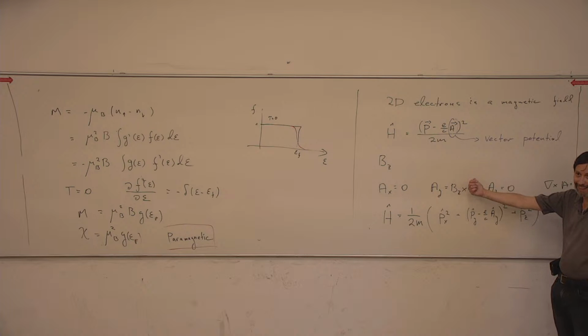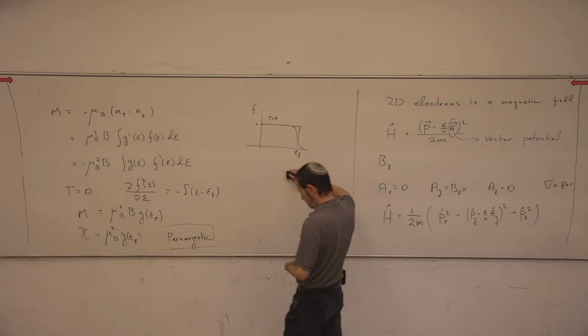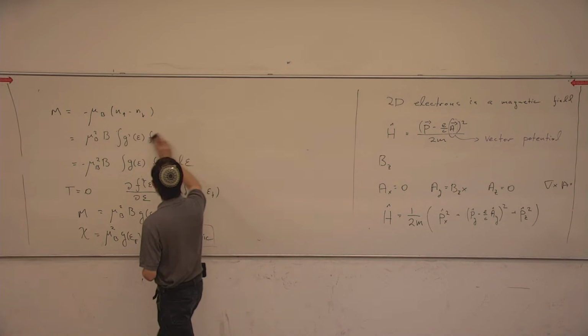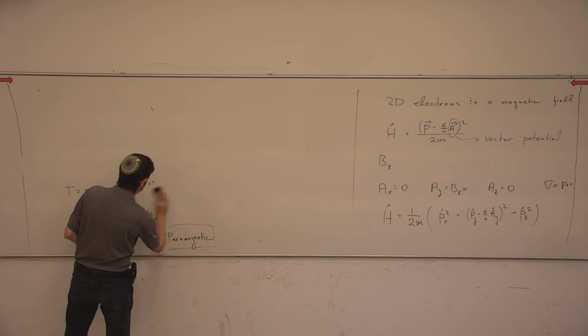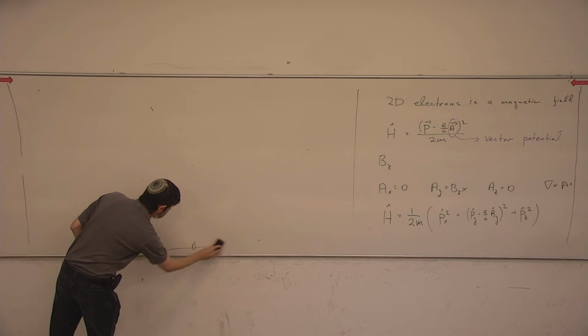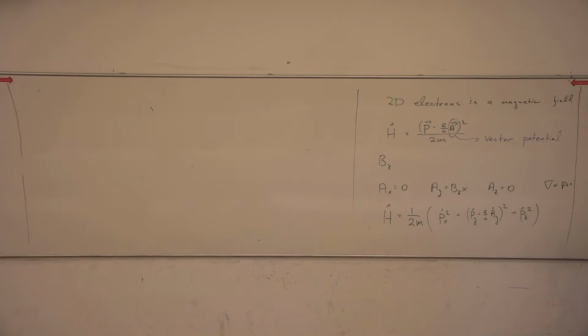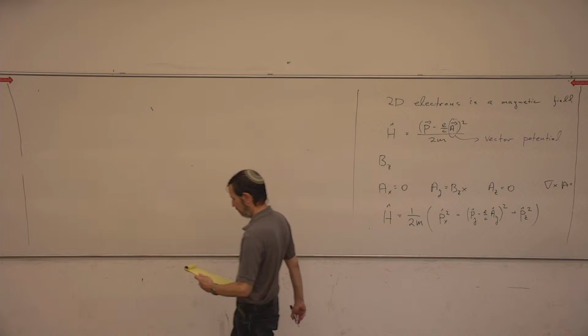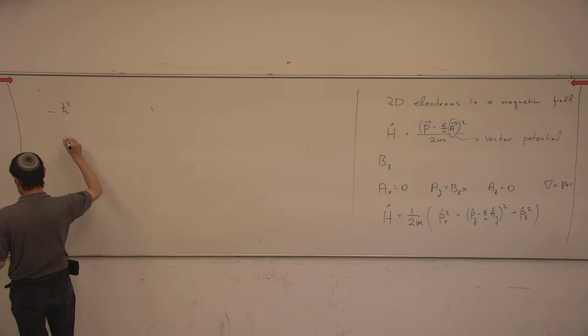We chose an unsymmetric A. So let's explicitly write the Hamiltonian.